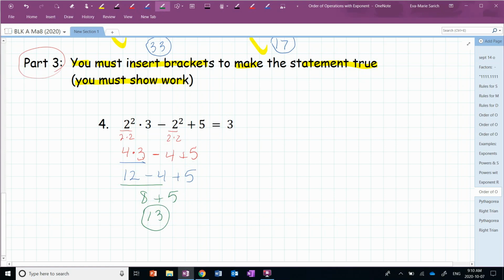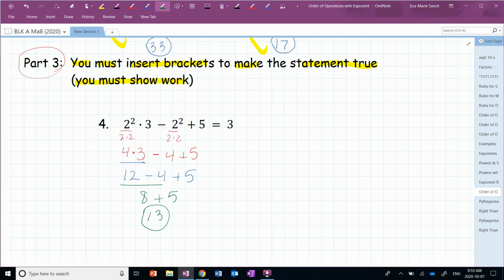So now we need to think, okay, what can we do to change the order? And what you should be thinking is, what did we do last? What would we normally do last? Well, adding and subtracting comes last. So put a bracket either around the add or subtract part and see if that will make it come out to be a true answer.